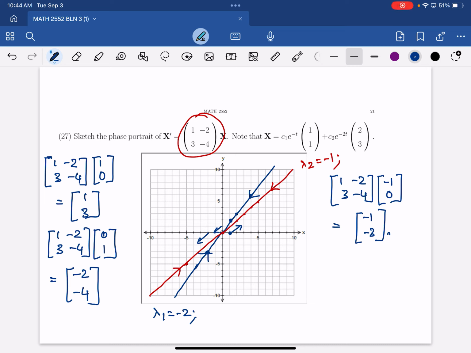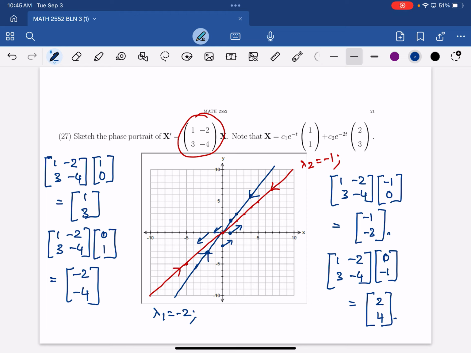Okay? And if I have A times (0, -1), it gives me the vector (2, 4). So that means if I'm standing here, I'm experiencing the force in that direction. +2 means 2 units to the right, 4 units to the top. So I'm going upward like that, right?